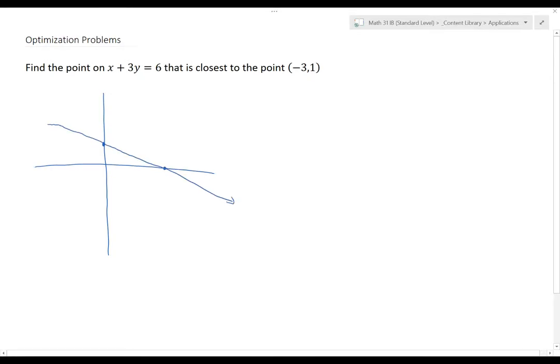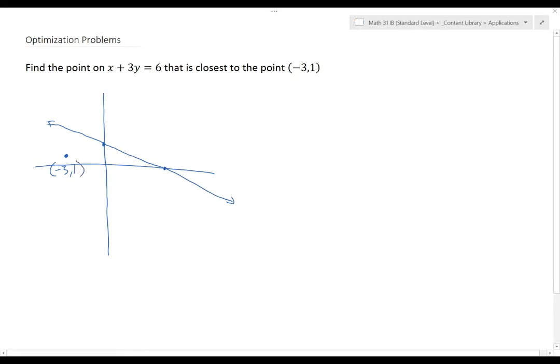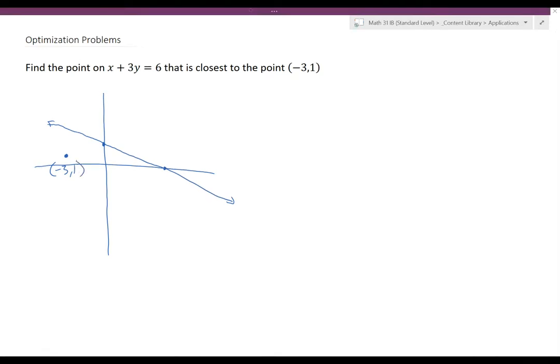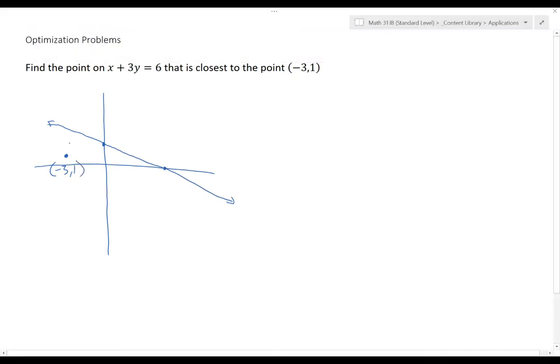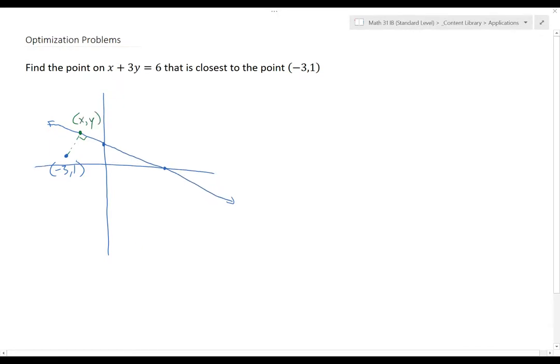And then the point -3, 1 is going to be over here somewhere. So this is the point -3, 1. What I'm looking for is some point on this line where the distance is closest, so where it's going to be a perpendicular. This is some unknown (x, y), and we are looking for the coordinates of that point where we want to minimize the distance. So closest to the point, minimize distance.